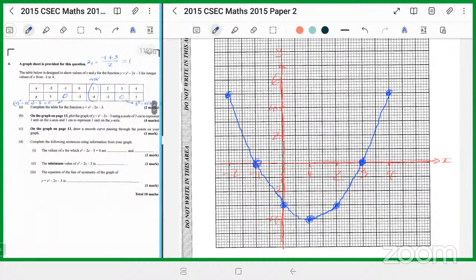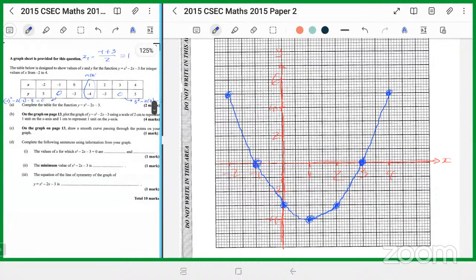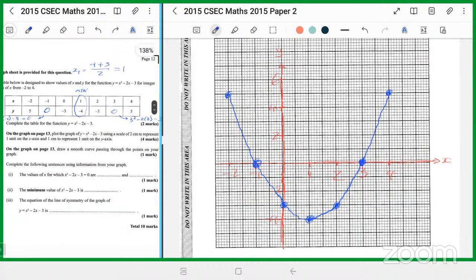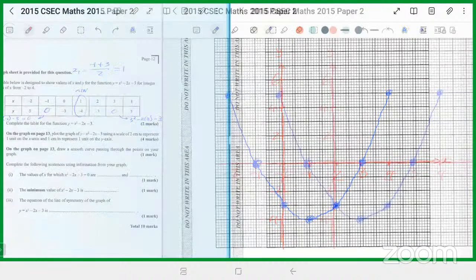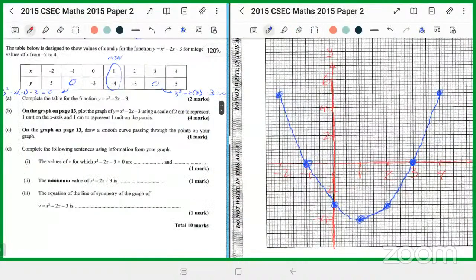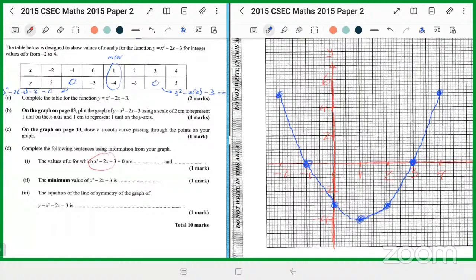All right, let's answer some questions here now. It says, complete the following sentences using information from the graph. First one: the values of x for which the equation equals 0.